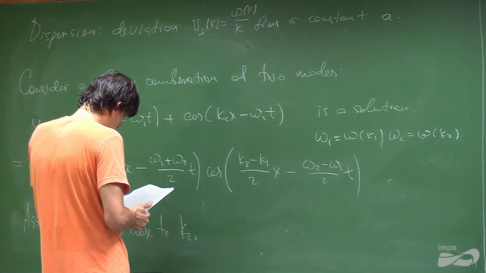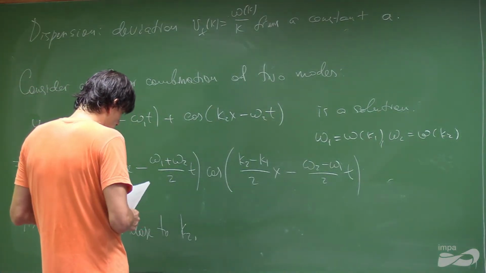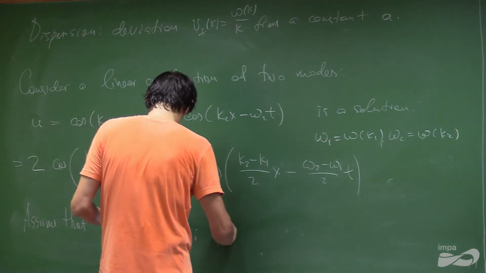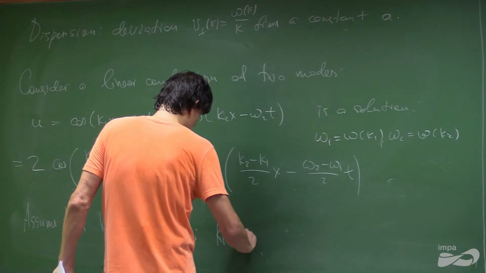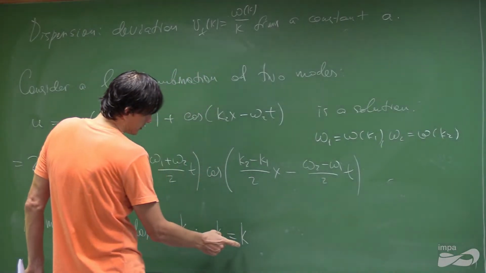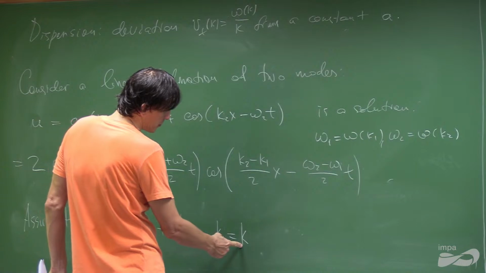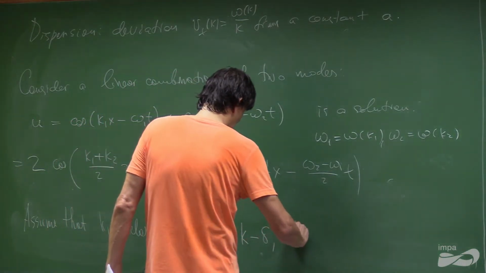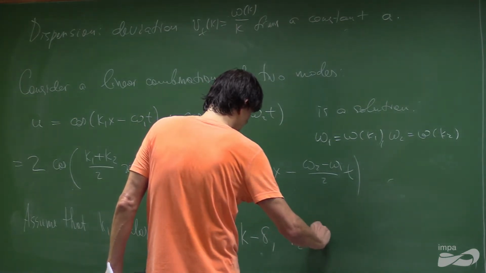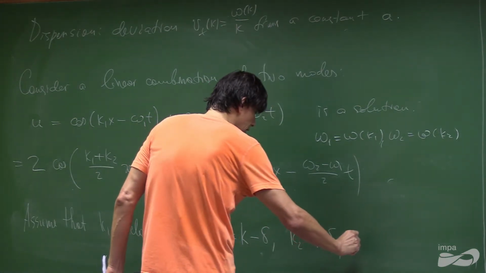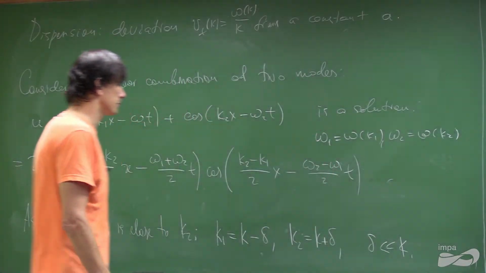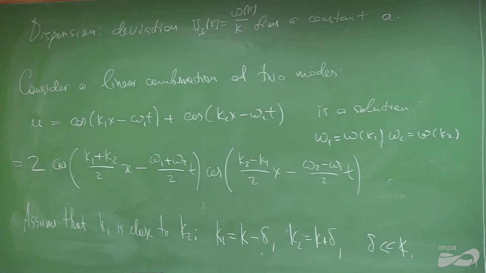So what does close mean? We say that k without index is a mean value, so k1 will be k minus delta, and k2 will be k plus delta, and delta is small. Good.